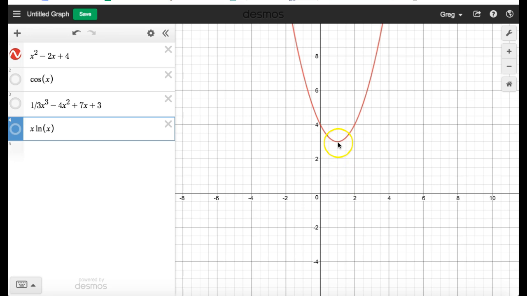So at t equals 1, we are at a position of 3, right? And then here, I changed direction and started moving back to the right again. So here I'm at a position of 3, then at 3, I'm at a position of 7. So my displacement, I went from a position of 3 to a position of 7. My displacement is 4.